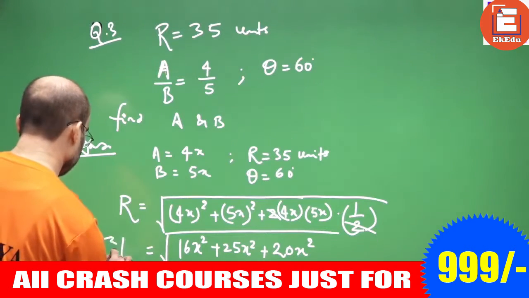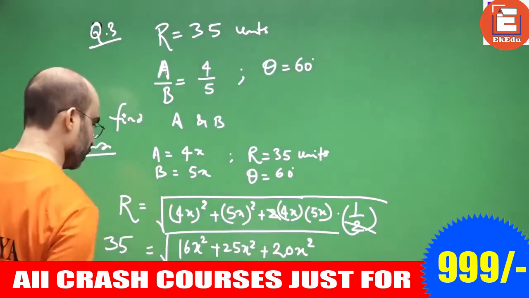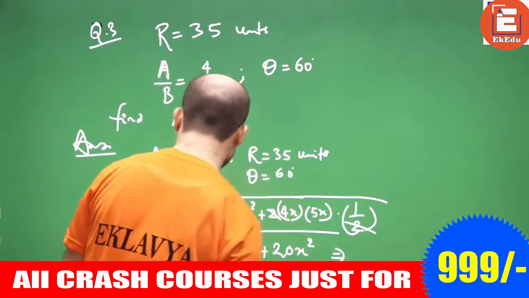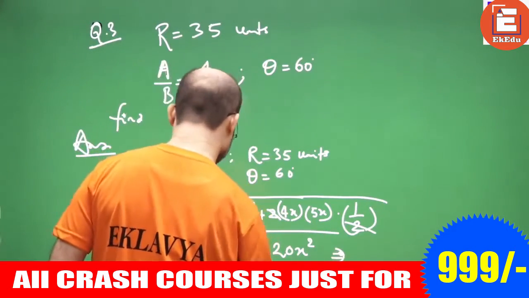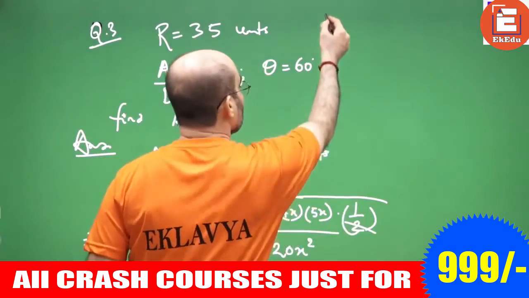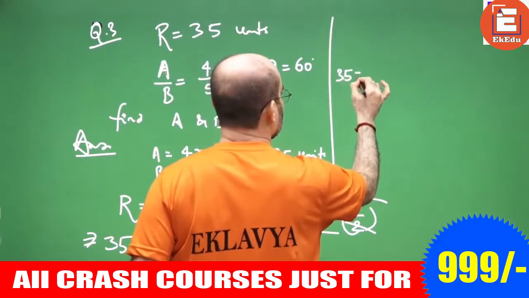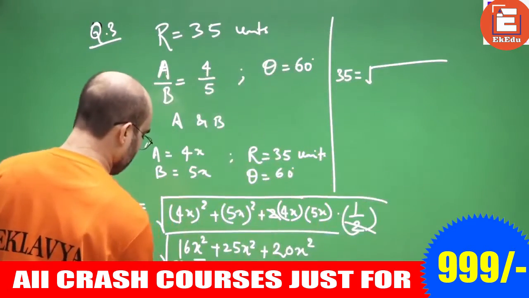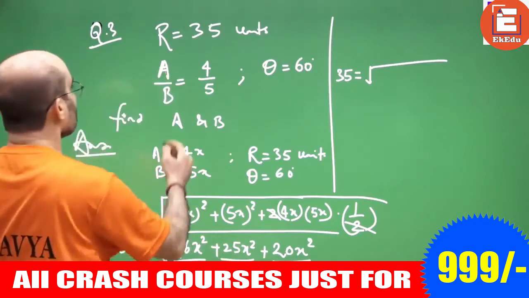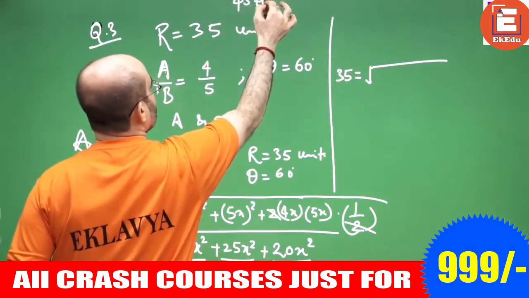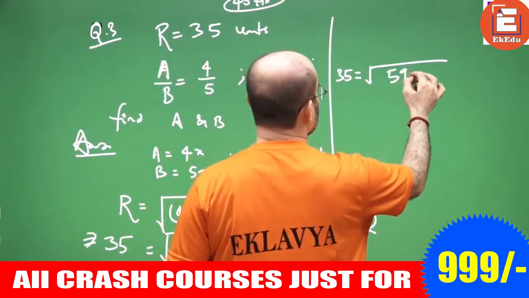This result is given as 35. So what is the final result? 35 equals 16 plus 25 plus 20, so 45 plus 16, this is 61x square.